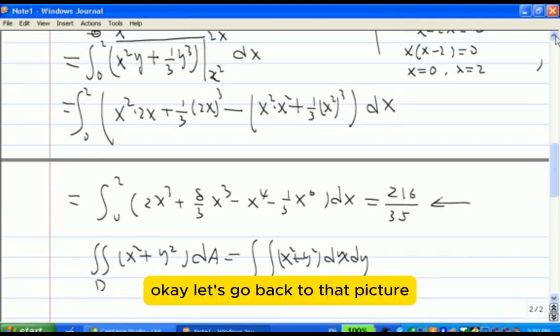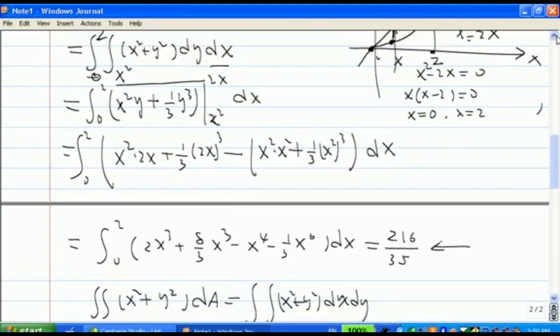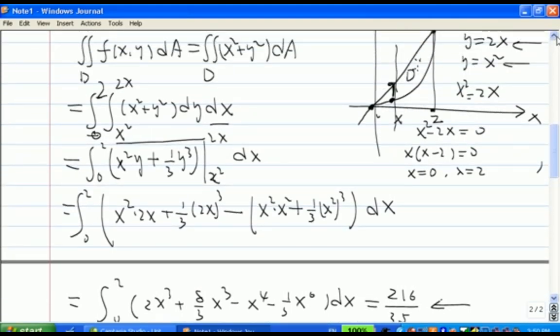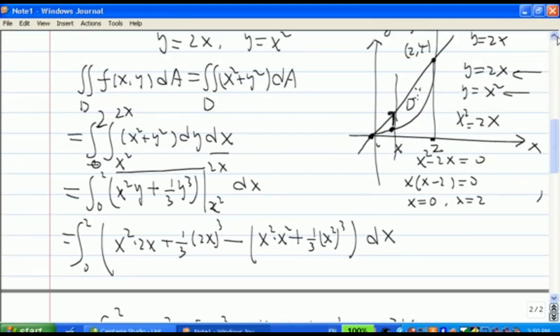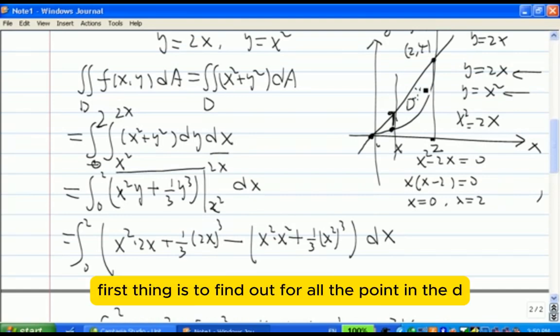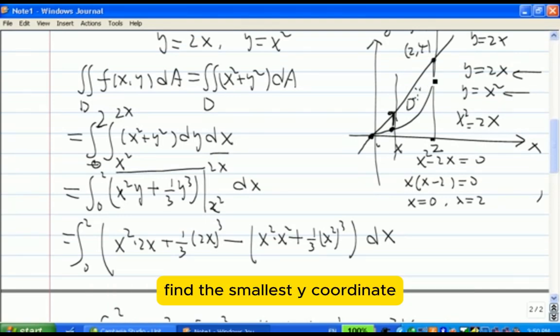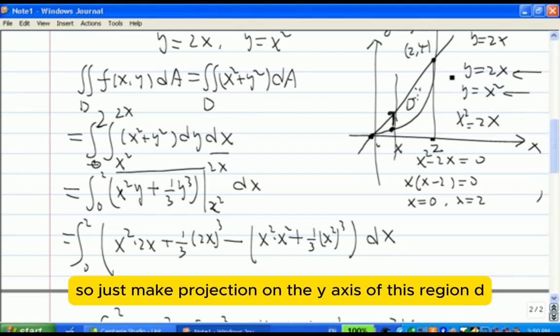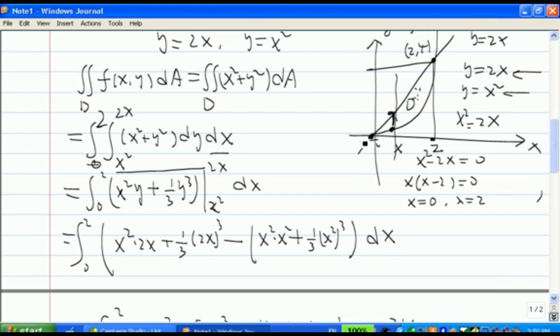Let's go back to that picture. So y goes outside. The first thing is to find, for all the points in D, the smallest y coordinate and the largest y coordinate. We have so many points, so just make a projection of this region D on the y-axis.